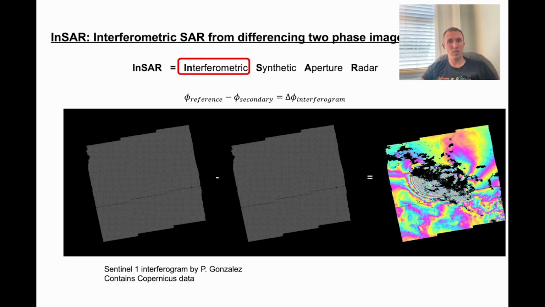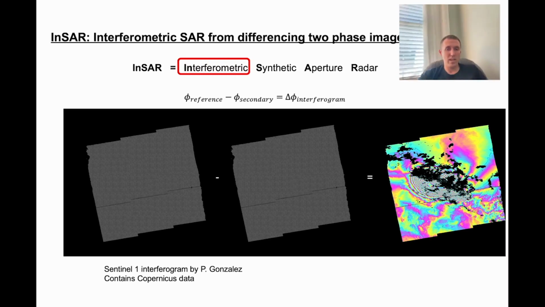But it's temporally correlated, so if you take the phase from 2 different images, remember the phase of a pixel is a coherent sum of all the scatterers in that pixel. Let's say you have a car and a tree inside of a pixel, you'll get the sum of those 2 scatterers, and that's not going to change too much, even if the earthquake happens and the whole scene moves down or up a little bit.